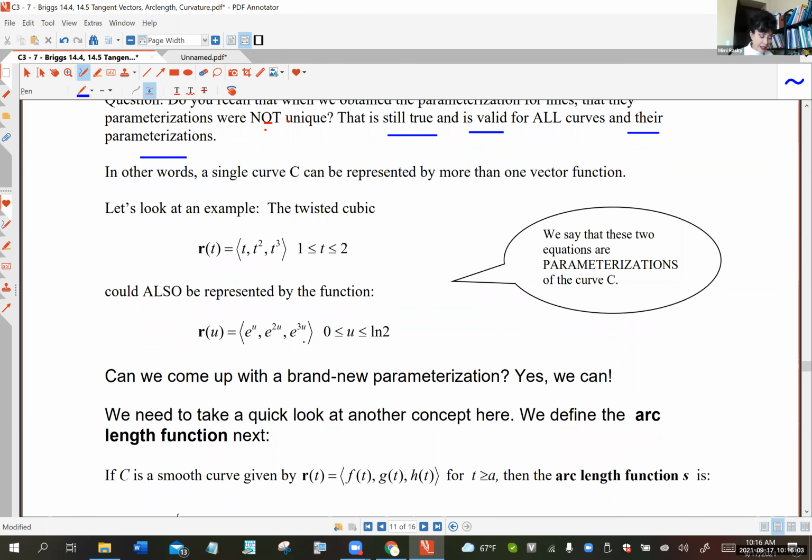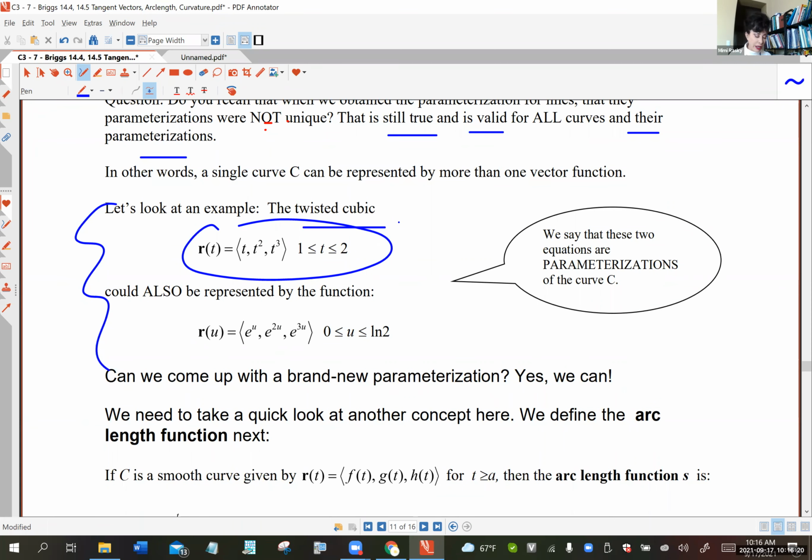So take a look at this little double example here. This curve with components t squared and t cubed, which is called the twisted cubic, is a nice parameterization of that curve.